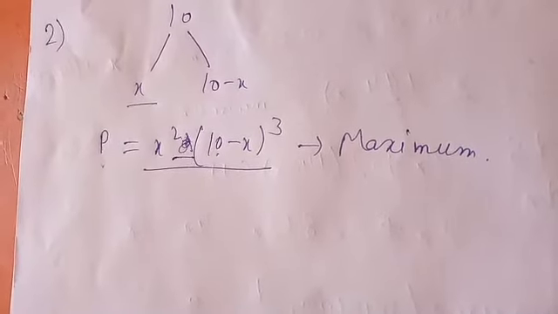Okay. Now fifth question. AP and BQ are two vertical poles at the points A and B respectively.